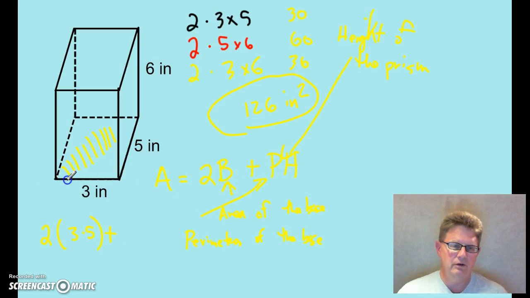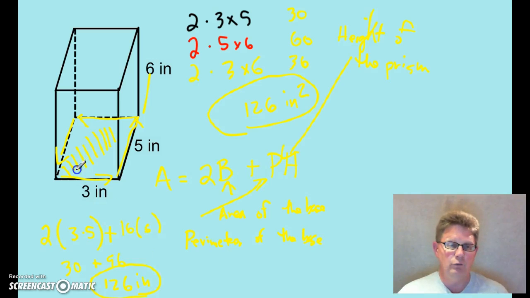What is the perimeter? 3 plus 5 plus 3 plus 5. The perimeter is 16. And the height of the prism is 6. So 2 times 3 times 5, 30 plus 96, 126 inches squared. Of course, we knew that was the answer already.